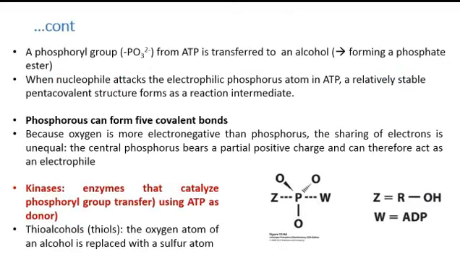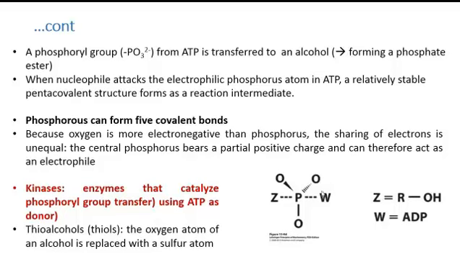And why is this so? This is because of the fact that oxygen is more electronegative than phosphorus. Phosphorus has got 5 valence electrons in its valence shell, and the sharing of electrons is unequal, meaning because of the more electronegativity, oxygen withdraws the electron pair towards itself, and the central phosphorus bears a partial positive charge, and therefore it acts as an electrophile.